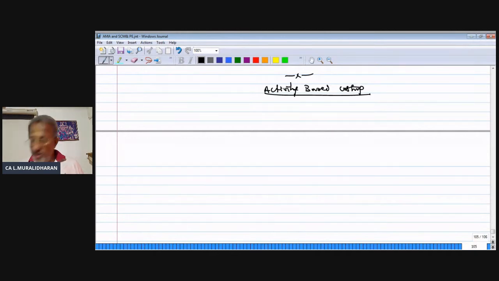Sometimes we had activity-based costing at intermediate level, in some cases we did not, especially in earlier cases. For those who have missed it, I will take up an example briefly so that you can easily understand what exactly activity-based costing is.